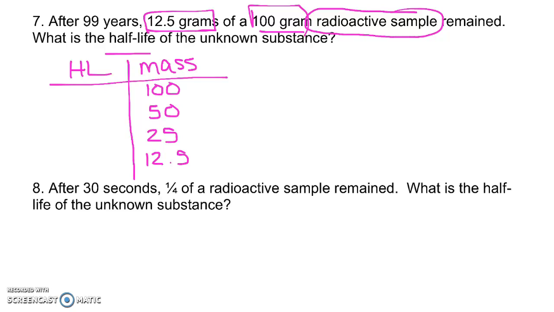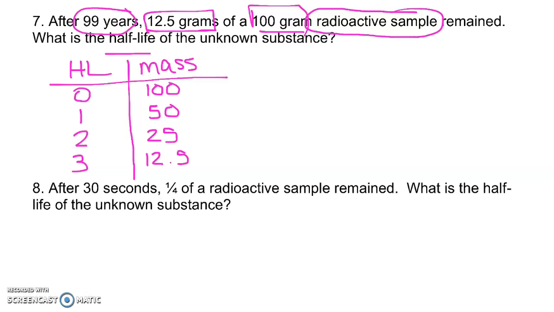So now that I have this column filled out, can I fill out my half-life column? Absolutely. When I have 100 grams, that means no time went by. And then how many times did I cut it in half after that? 1, 2, 3 times. So I know that it took 99 years for 3 half-lives to go by.